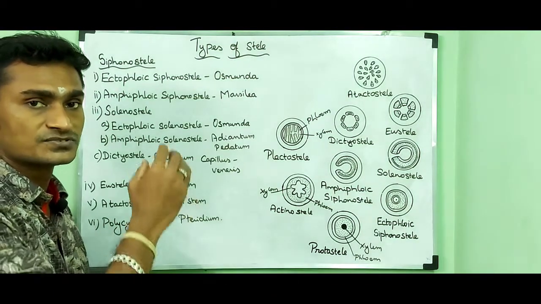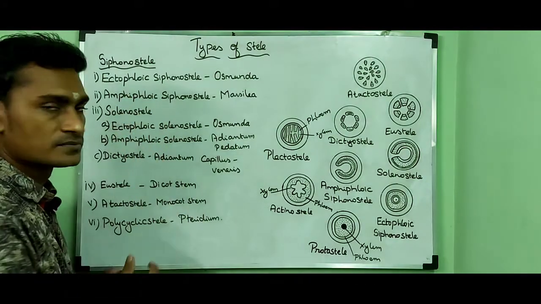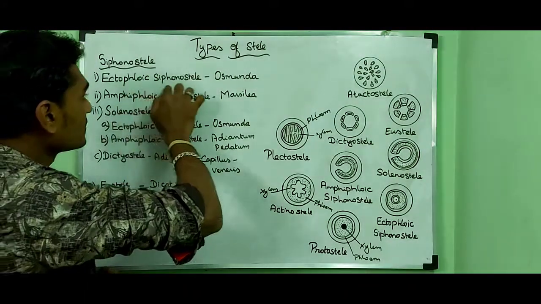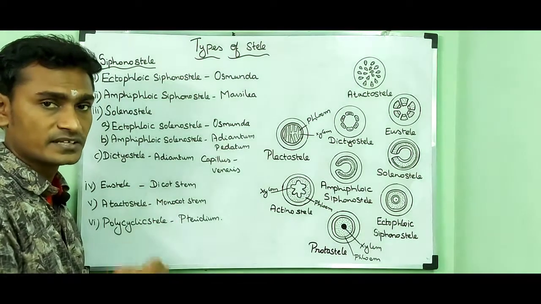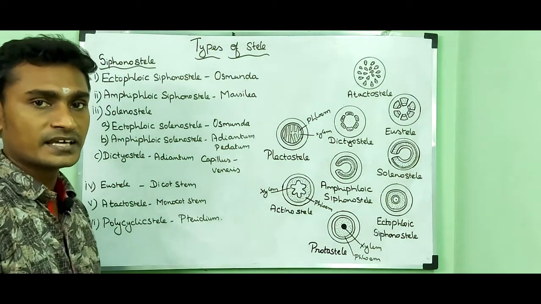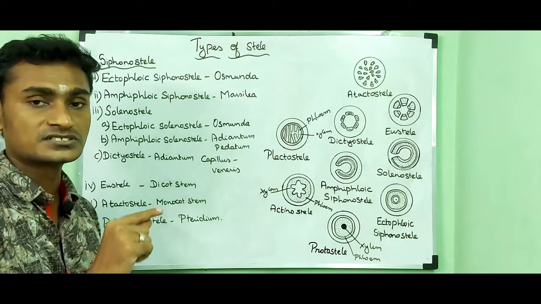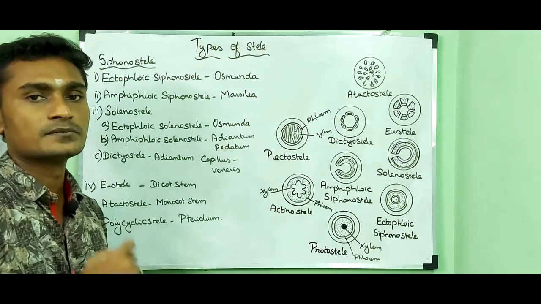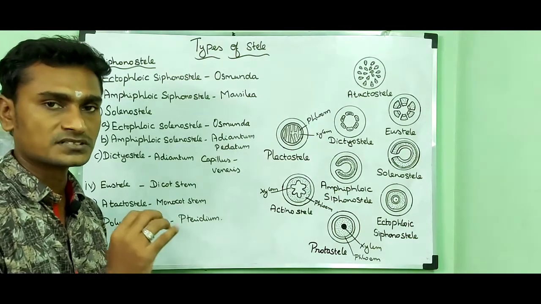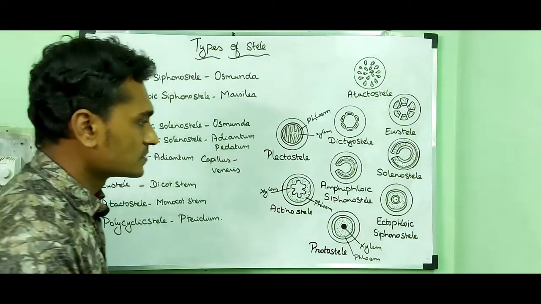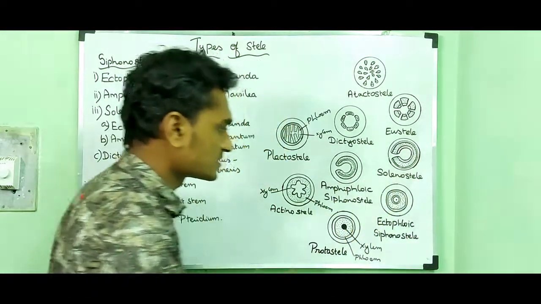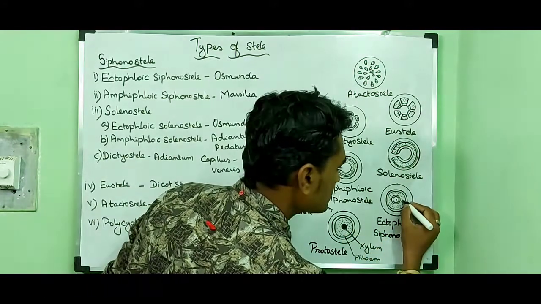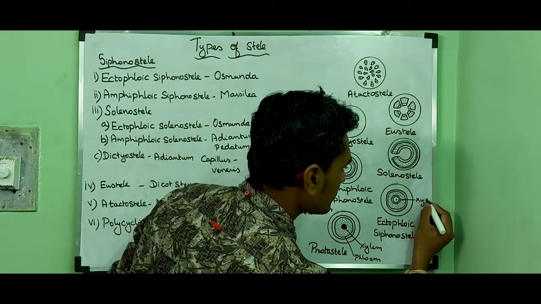Now I am going to define all the types of Ssiphonosteel. Ectofolic Ssiphonosteel can be defined as the xylem concentric ring surrounds the pith, and next to the xylem, a phloem concentric ring is present. So this is the structure of ectofolic Ssiphonosteel. This region is called xylem.